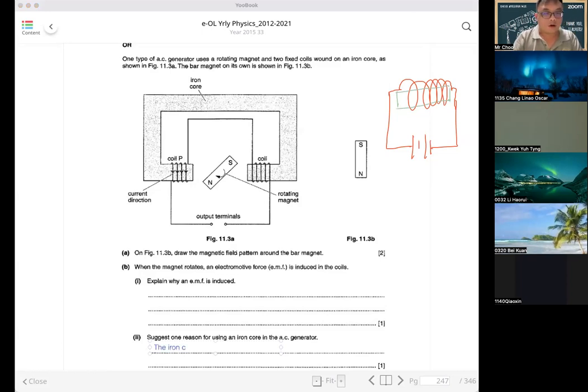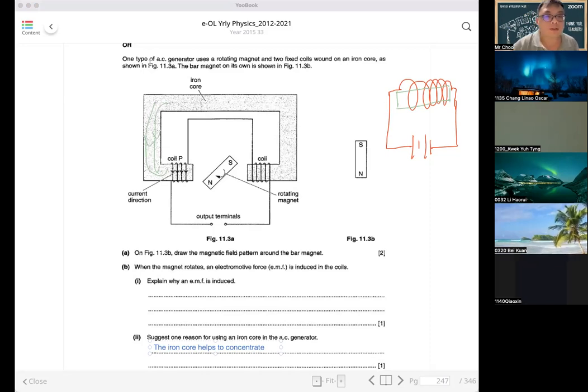So what the iron core does is it helps to concentrate. Basically, this iron core allows the magnetic field lines to go through it rather than just freely move around in the space. Is that clear?